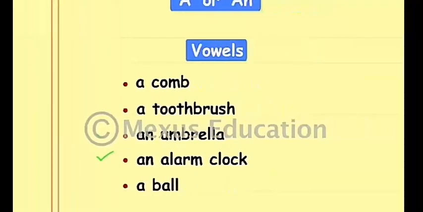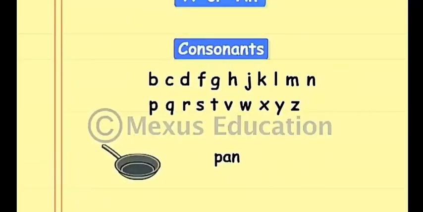Okay, coming to the next one. Here, a or an. Again we are here on the consonants. These are the remaining consonants after removing vowels: B, C, D, F. A, E, I, O, U are not here. Whenever your spelling or the word begins with these letters, you will use a. Like P, pan, a pan.